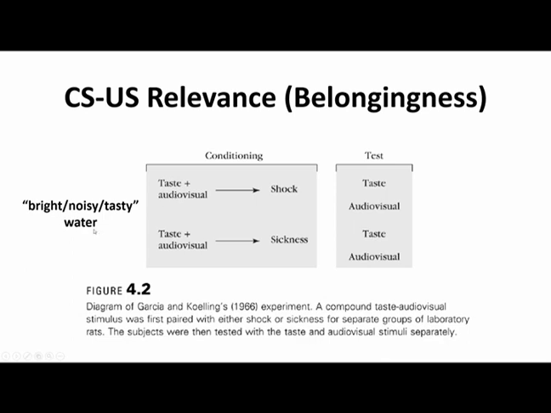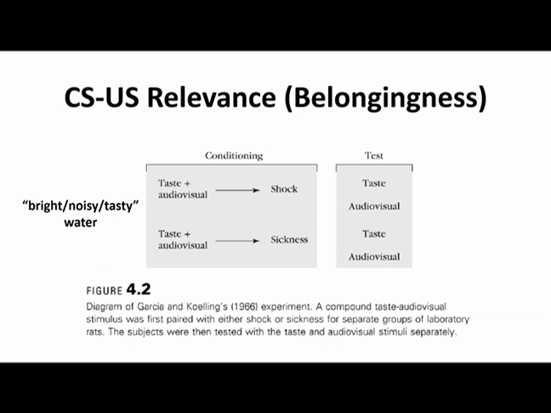What they basically have is a water bottle, and the water is flavored. The flavor could be either salty or sweet, and whenever they licked their water bottle, there would be a brief audio-visual cue where there's a clicking sound and a bright light flashes.